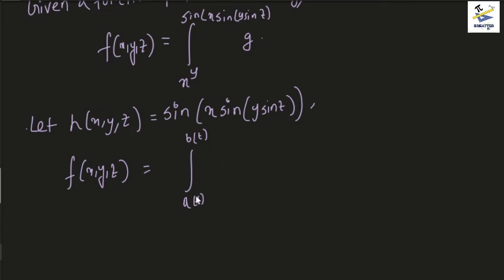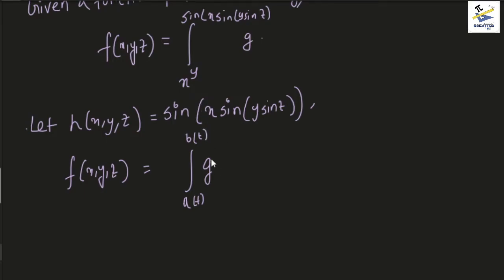If you were to find out a function which goes from a of t to b of t, where a of t and b of t are two different functions and the integrand is g, and this a of t and b of t basically need to be composed with other functions, how will you plan to do it?